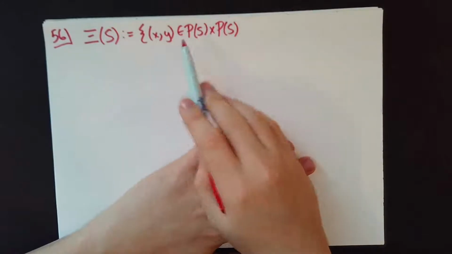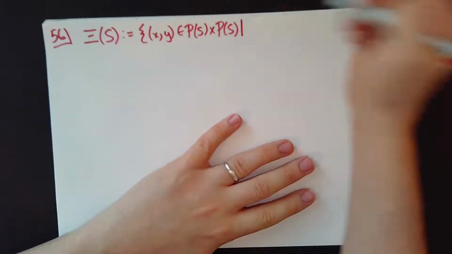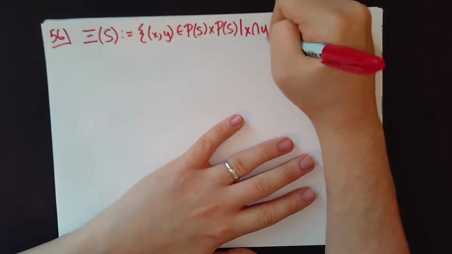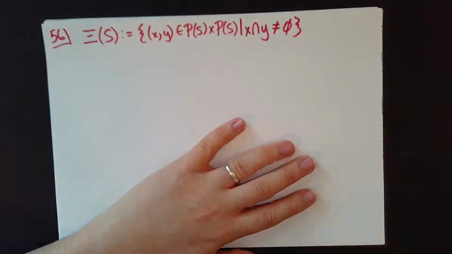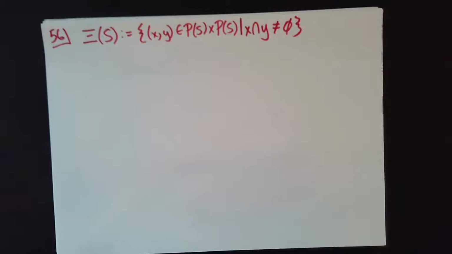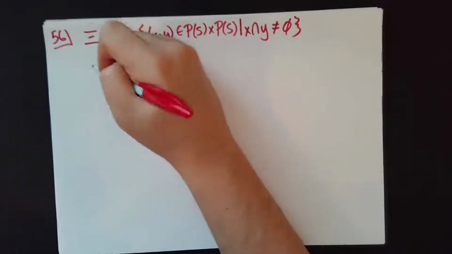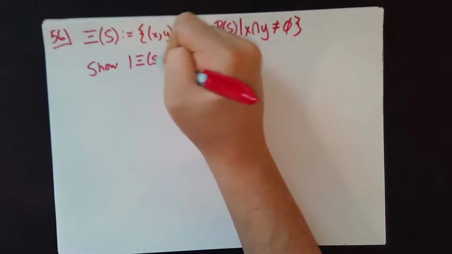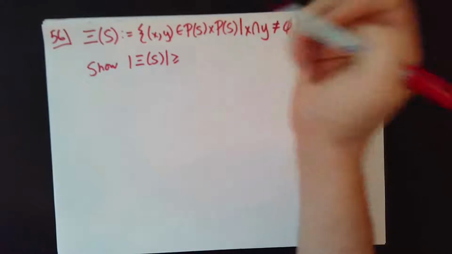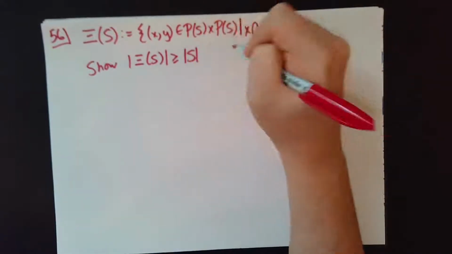So this is a pair of subsets of S with the property that X intersect Y is not the empty set. And what 56E asked us to show is that the size of xi of S is always at least as big as the size of S for S finite.